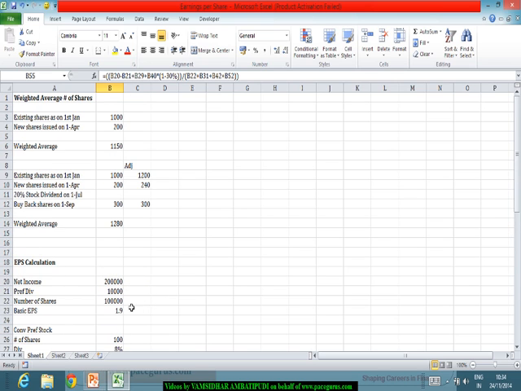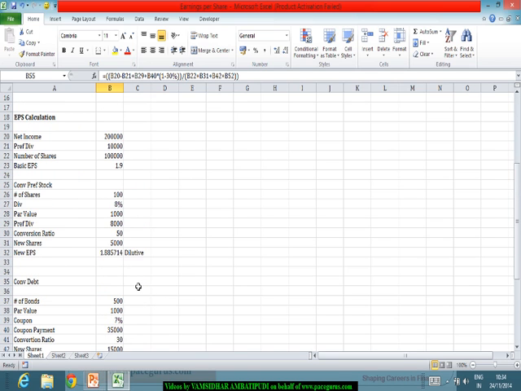So what we did in this process is start off with each potentially dilutive security, trying to find out whether individually it results in an increase in the EPS or a decrease in the EPS, and only if it results in a decrease in the EPS would it be included in the computation of diluted EPS. Otherwise it would not be included.